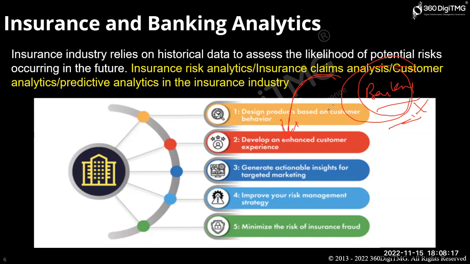So they will try to avoid these customers who can commit fraud. Similar to that, we have it in insurance also. There are so many loopholes. People find them and come up with frauds. So in order to analyze that, we can use insurance and banking analytics. There also we can use machine learning models.